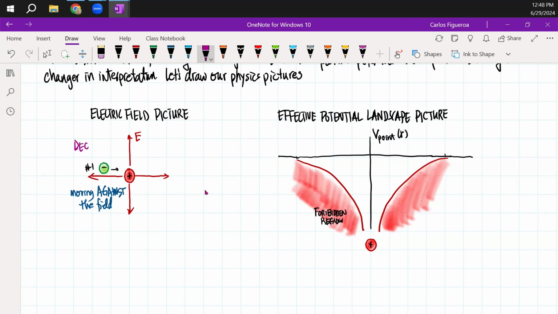So then we're going to have a decrease in electrical potential energy. So now I have my negative charge here, and this guy's going to move to here. As it moves, we are seeing here that the charge is moving from a higher to a lower potential here.